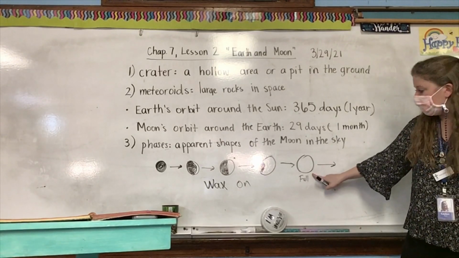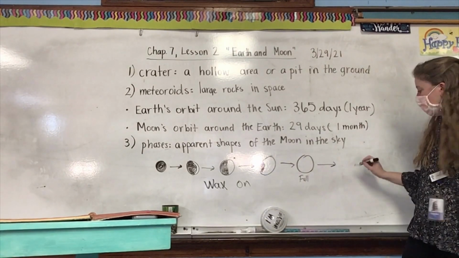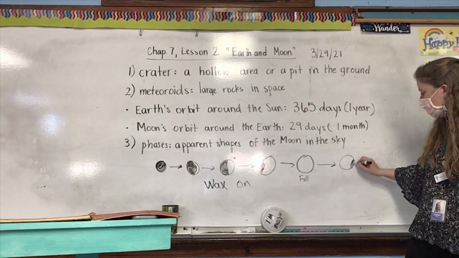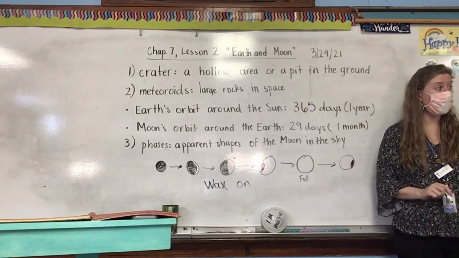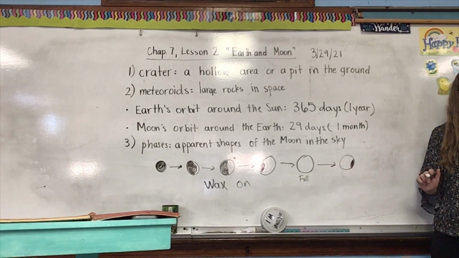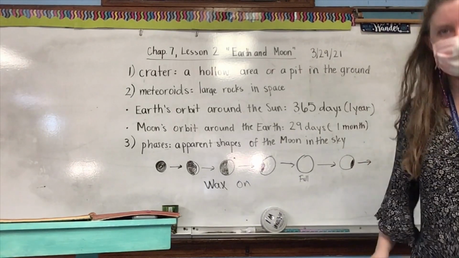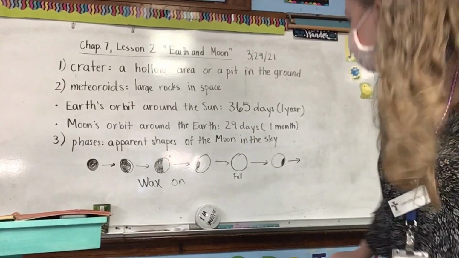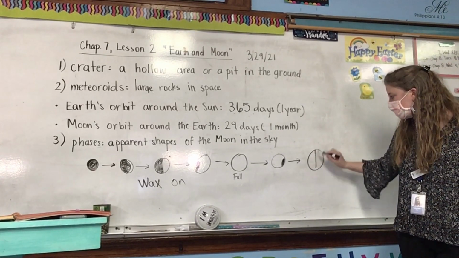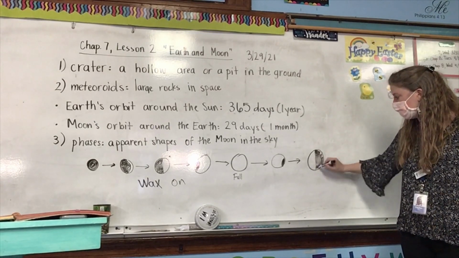So then we have the full, where we can see the whole thing. Well, the whole front, not the back. Then we start to see less and less. First, we have the waning gibbous moon, where we see most of it except for that little bit. Then we see the third quarter moon, which is when it looks like a half moon to us, but we actually only see a quarter of it.